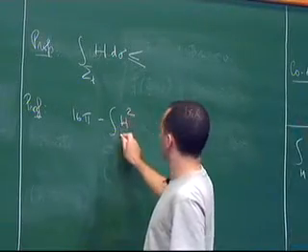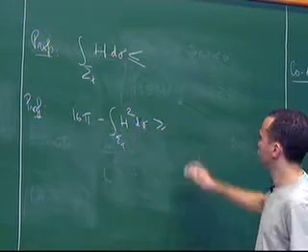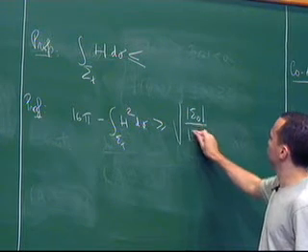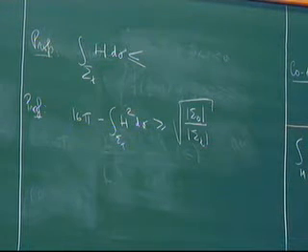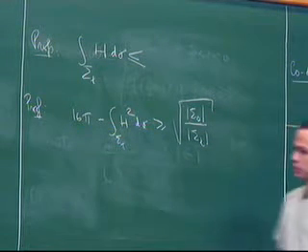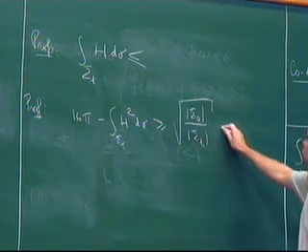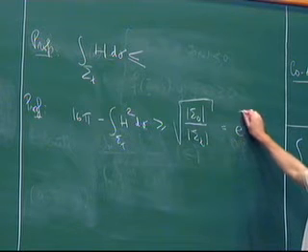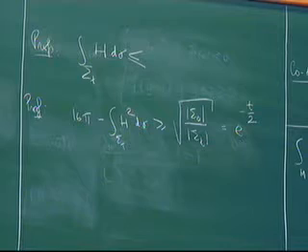minus this integral over sigma of t is greater than or equal to the square root of the area of sigma naught divided by the area of sigma t, right? But remember the exponential relation. This is just, let's see, exponential of minus t over 2, I guess, right?